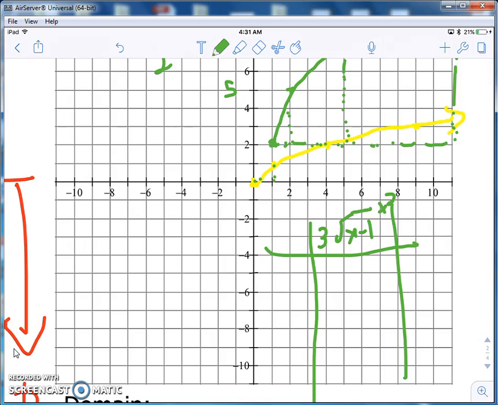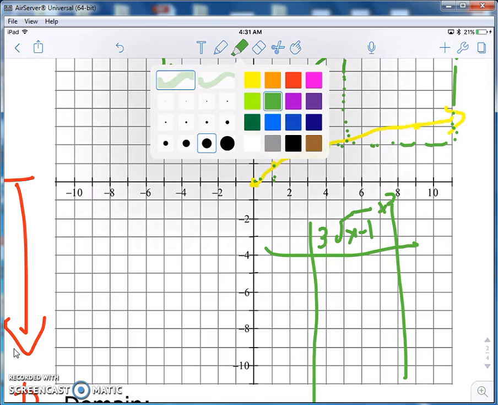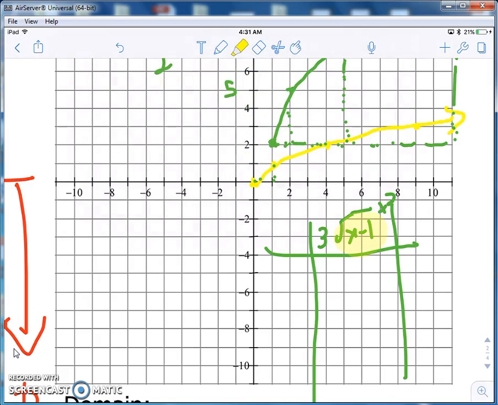I need that x minus 1 to be a perfect square. So this is where the table gets a little complicated. For x minus 1 to be a perfect square, I can't do 0, because 0 minus 1 would be negative, and I can't take the square root of a negative, but I can do x equals 1.